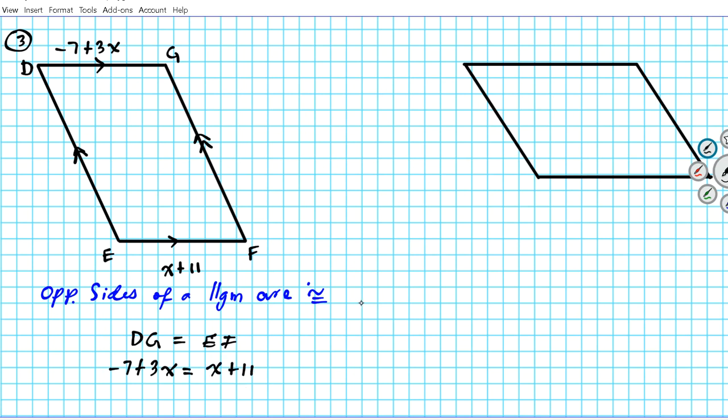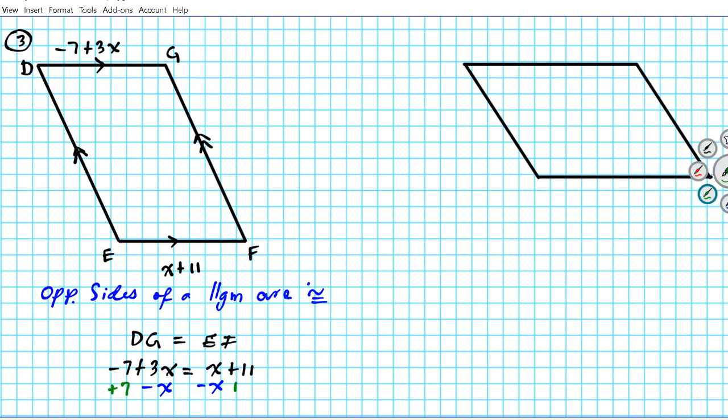So by applying the property of parallelograms from geometry to this setup, we have this resulting algebraic equation with variables on both sides. Now we're going to flex our algebra muscles to solve this. Let's have the x's on the left side so we don't deal with negative x's. So we'll subtract x from both sides, and then we need the 7 over there, so we add 7 to both sides.